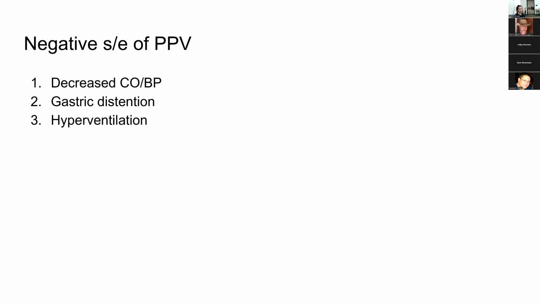Another one is gastric distension. So even if you're doing awesome breaths, the ET tube is perfect, you're still at risk and you're still probably going to get some air into that stomach. And again, when you have too much air in the stomach, it allows less room for that diaphragm to move, meaning that eventually your ventilation is going to go down.